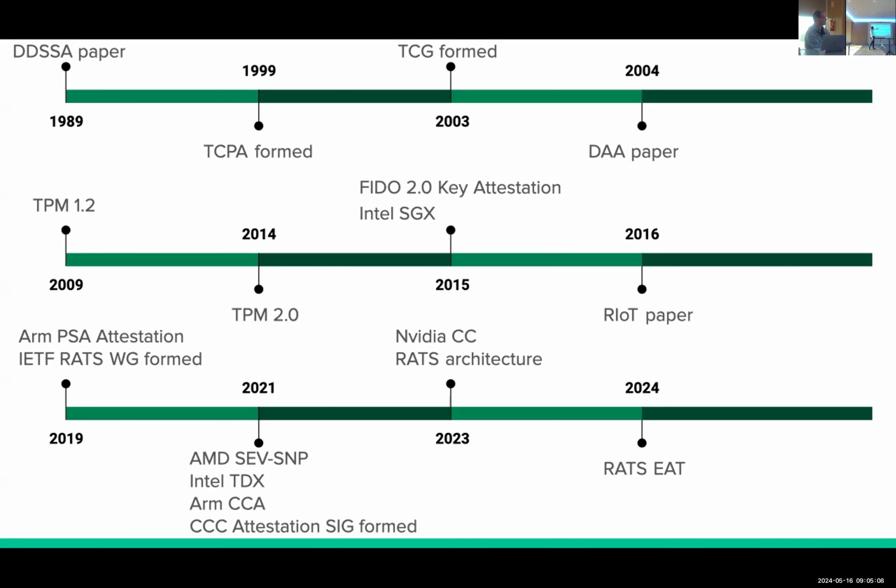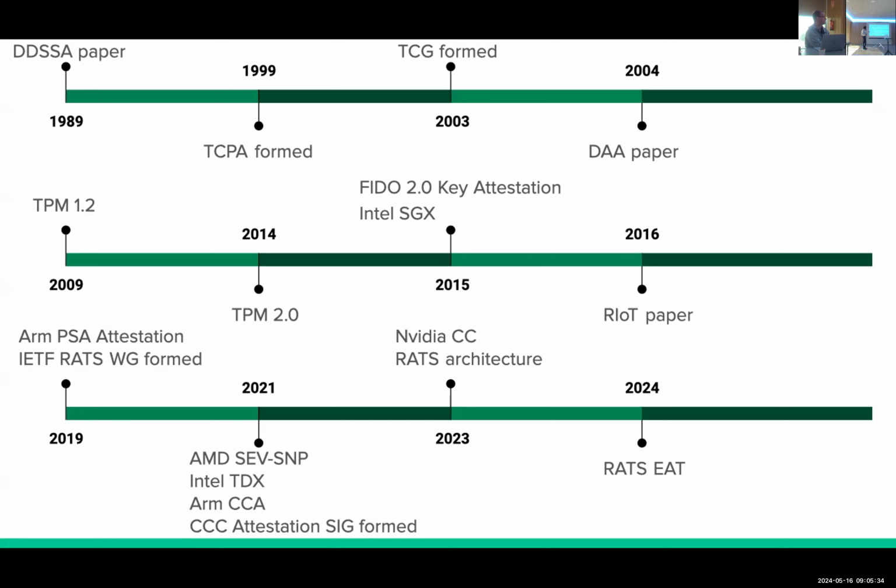From here starts the confidential computing era, with Intel SGX, AMD, and so on, which have again given life to attestation research. And here things got into implementation. The RIoT paper actually does the implementation of what was proposed back in 1989.